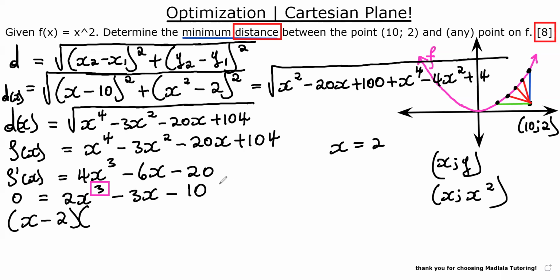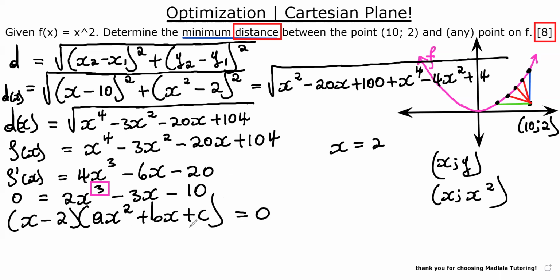Now this is the most important thing. If you take out a linear factor from a cubic function, you're going to be left with a quadratic factor. That's what I wanted to say.